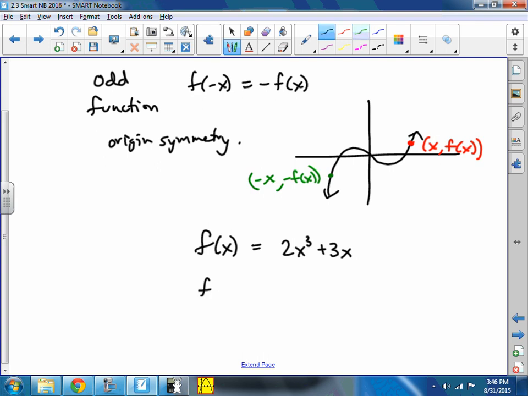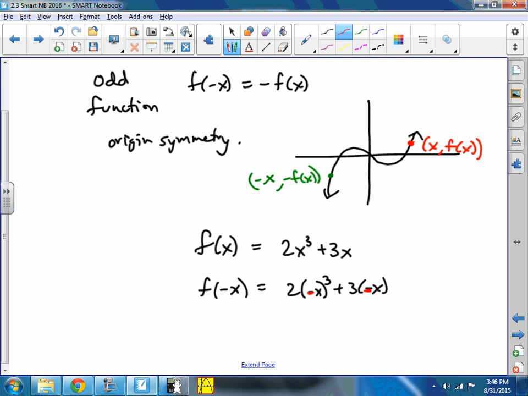This is called f of -x. You just insert for each x a -x. So I just changed 2x cubed to 2 times (-x) cubed, and I changed 3x to 3 times (-x). So I just inserted negatives on all my x's, and that takes care of changing the x coordinate.